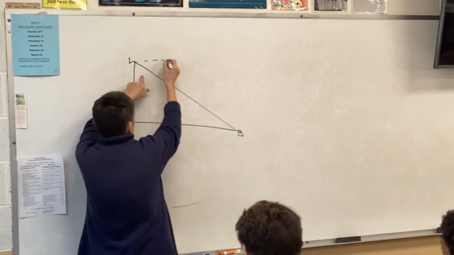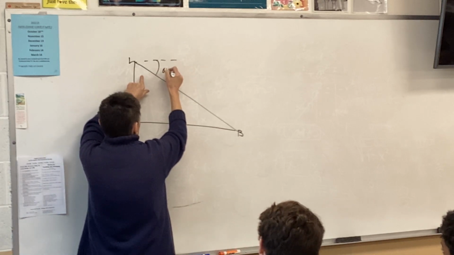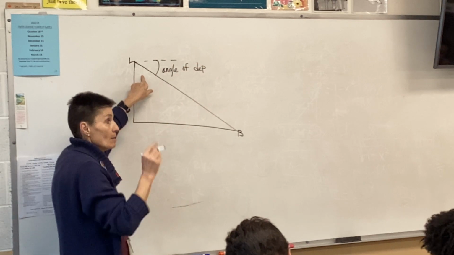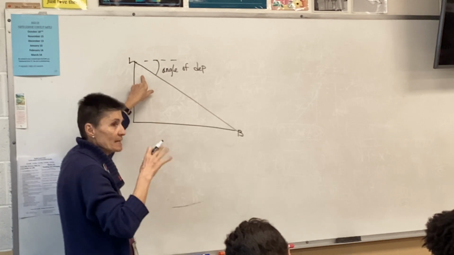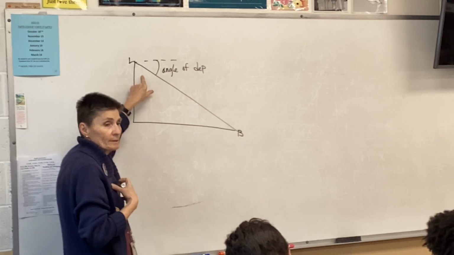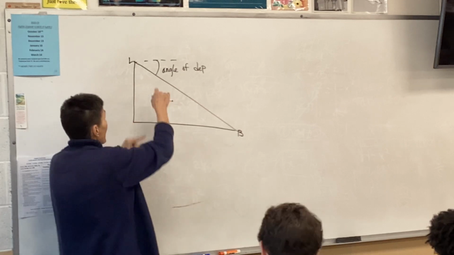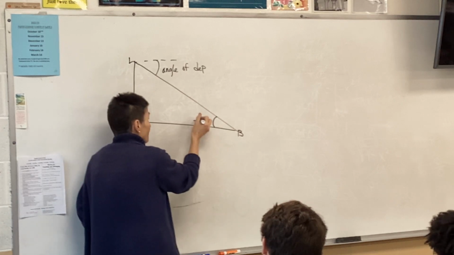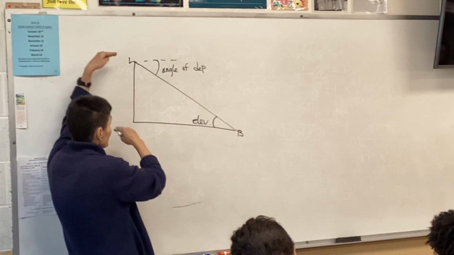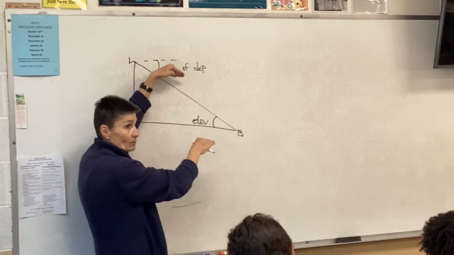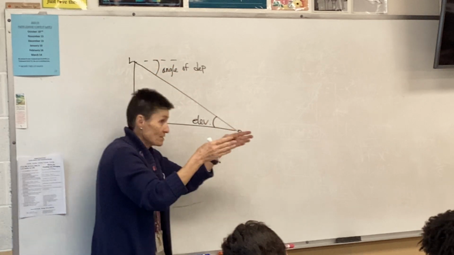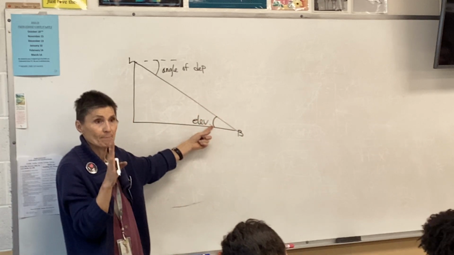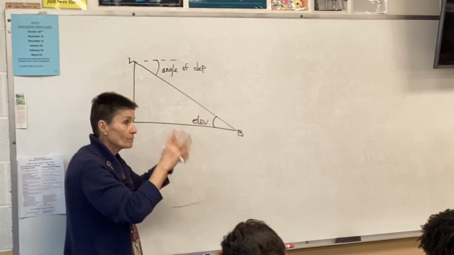The angle of depression is right here. The angle of depression isn't even in the triangle, so I will never draw it, because the angle of depression is exactly the same as the angle of elevation, because we have alternate interior angles. So my advice to you is, whether it's elevation or depression, draw it right there because they're the same. Now your angle's in the triangle and you're ready to go.